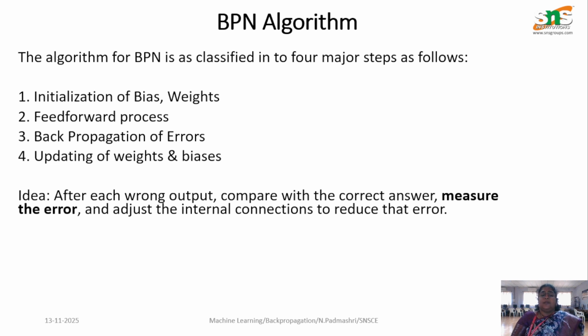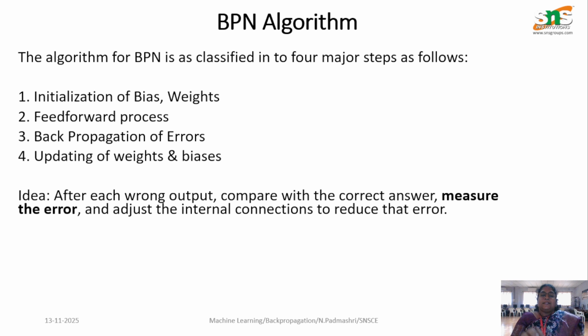And the algorithm, here I'm not going to explain in detail, I'm going to explain only the steps. Initialization of weights and bias is the first step, feed forward process is the second step, then back propagating the error, and updating the weights and bias.